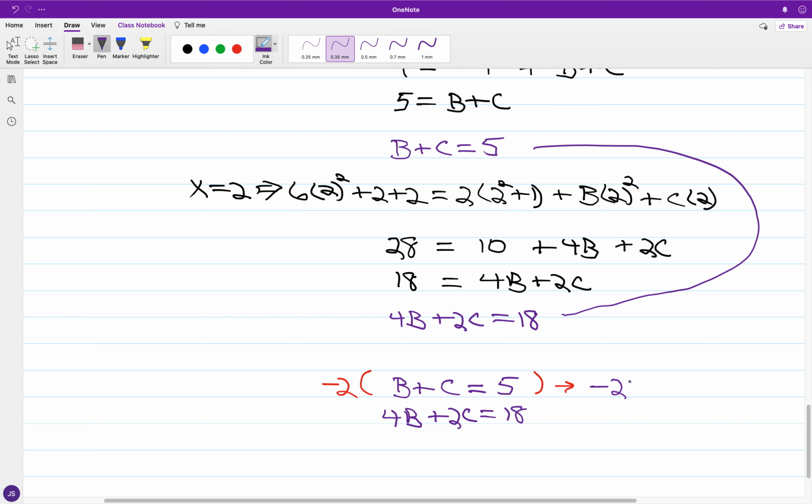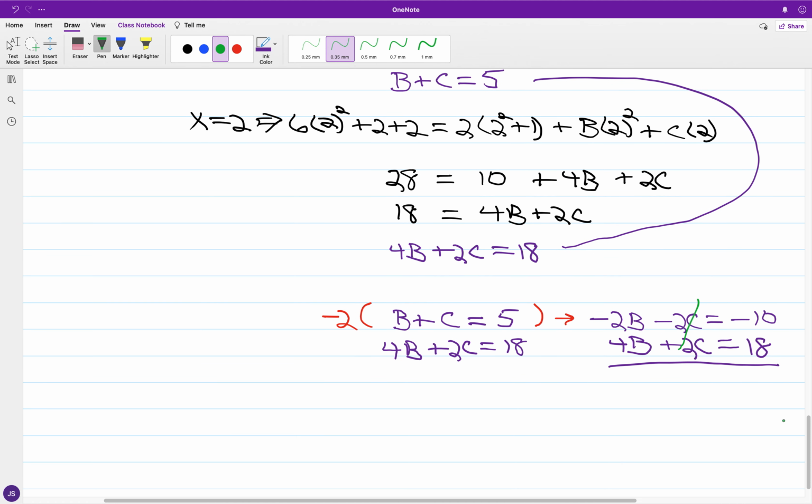So we have -2b minus 2c is equal to -10, and you have 4b plus 2c is equal to 18. So the c terms cancel. We got -2b plus 4b makes 2b, -10 plus 18 makes 8, and we have that b turns out to be 4.